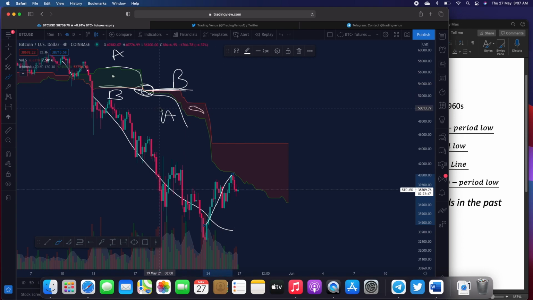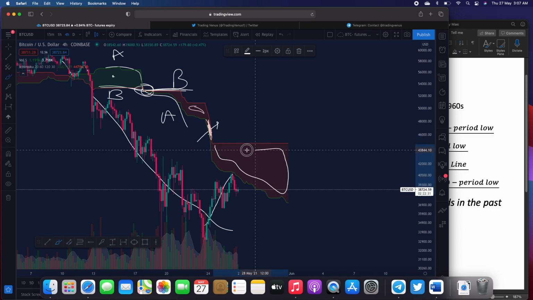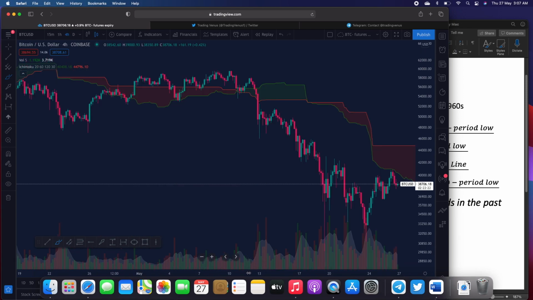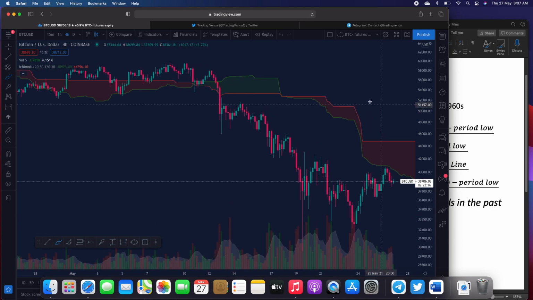Now here the area was less between the leading spans, so breaking through here was easier, but now as you can see the area is huge, so the strength of the resistance would be huge as well. Now this was for the leading span A and the leading span B and the cloud that is formed accordingly.